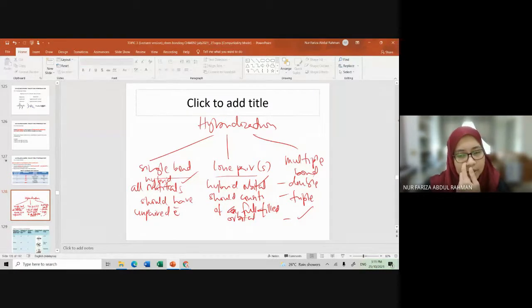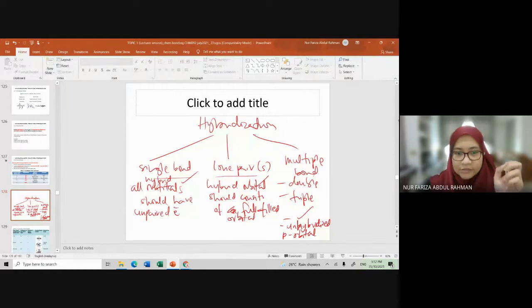If there is a multiple bond, either double bond or triple bond, we expect the hybridization will have unhybridized p orbitals. If it is a double bond, we will have one unhybridized p orbital. If we have a triple bond, we will have 2 unhybridized p orbitals.